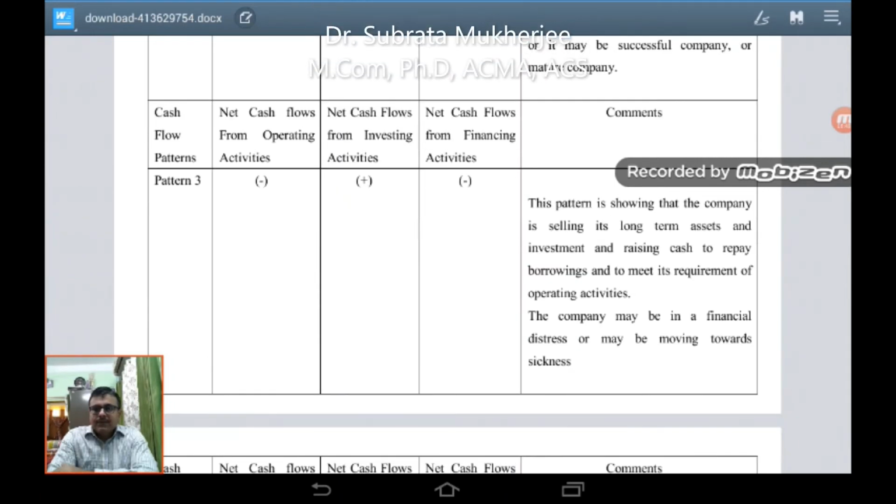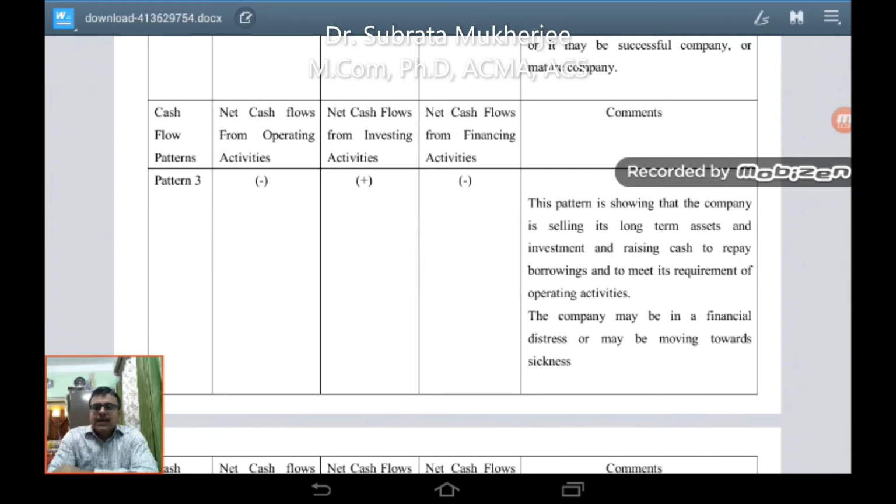Now pattern 3, where the cash flow from operating activity is negative, cash flow from investment activities is positive and cash flow from financing activity is negative. When the cash flow from operating activity is negative, the firm is operating below cash break-even point.